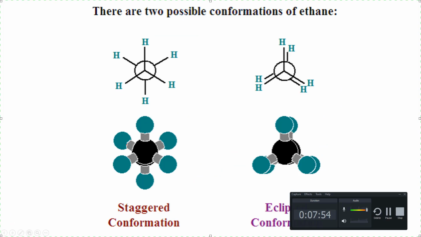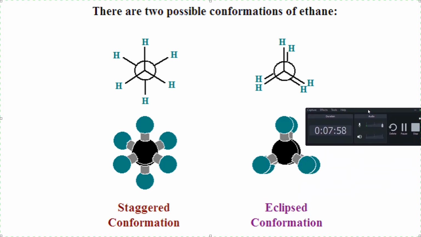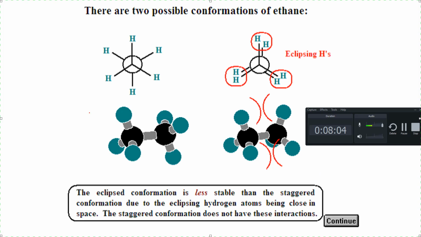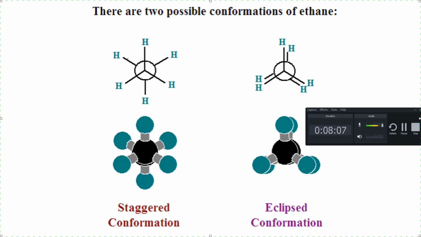So it turns out that there are two extreme conformations for ethane. Now, you could have any number of degrees of angles between the hydrogen on the front carbon and the hydrogen on the back carbon, but there are two extremes.